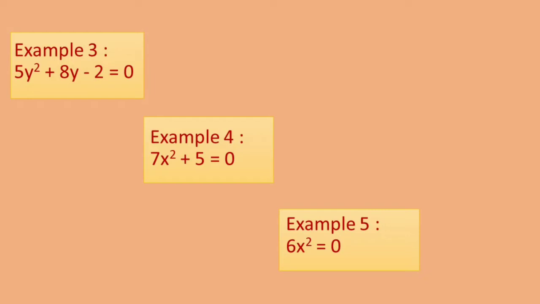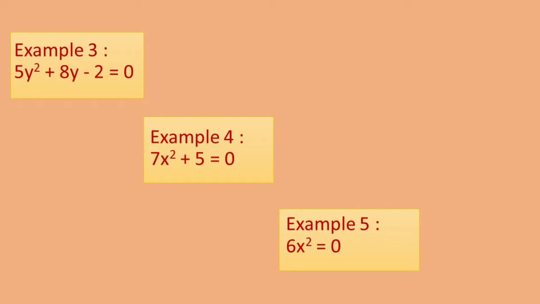Now let's come to example 4. In example 4 we have 7x squared plus 5 equals 0. This is a quadratic equation in x. Here a equals 7, b equals 0 and c equals 5. If you have a problem understanding that, look at the standard form, ax squared plus bx plus c equals 0, and look at this example: there is no x term in it.